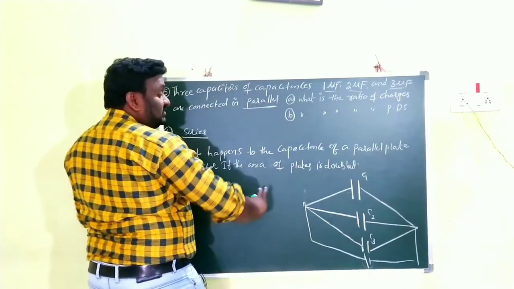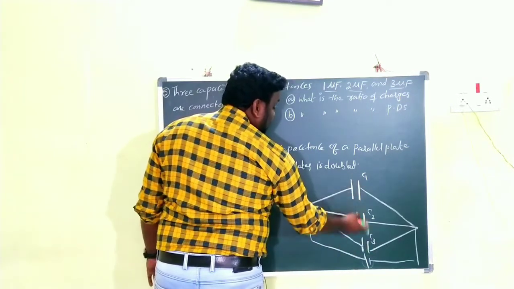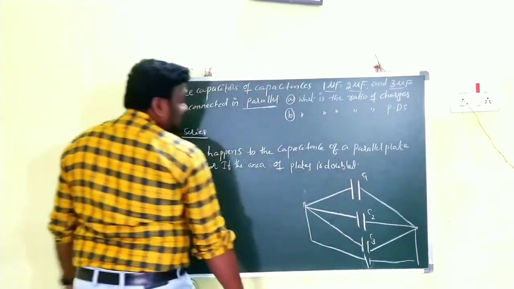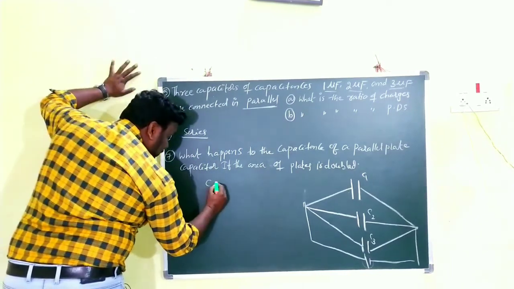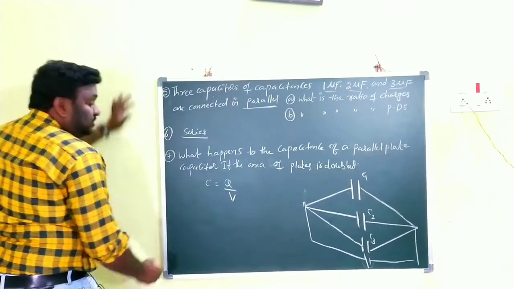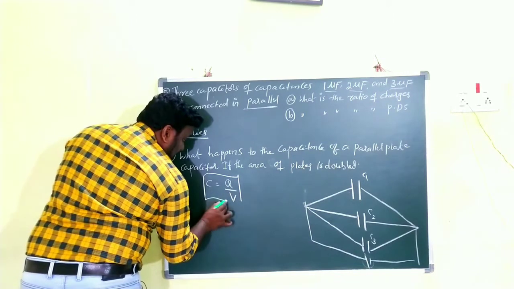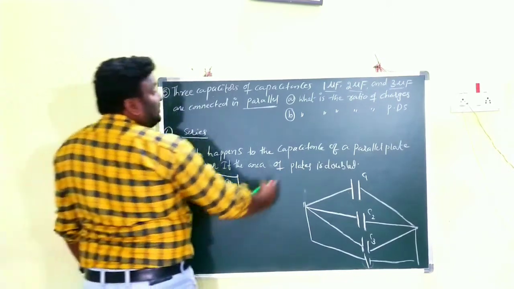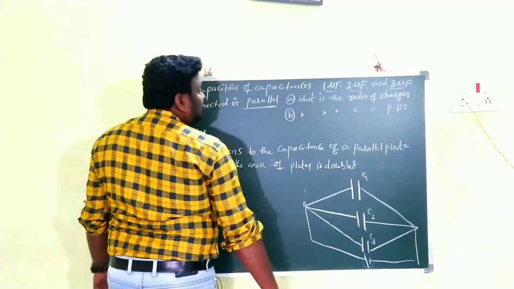So the charge varies from capacitor to capacitor, but the potential across every capacitor is the same. We already know that C is equal to Q by V. This is the expression for capacitance. Clear? So C1, C2, C3 are connected in parallel to the battery like that.